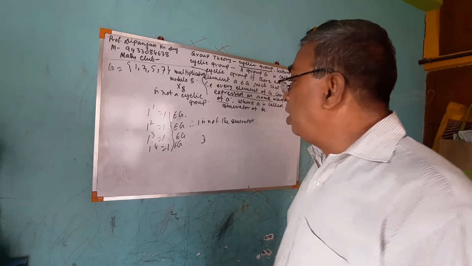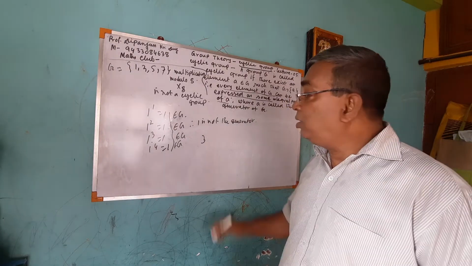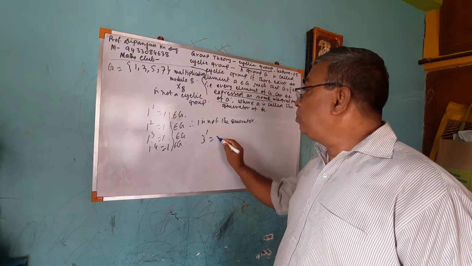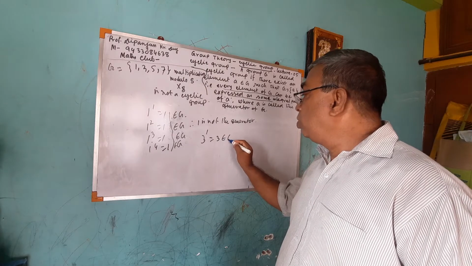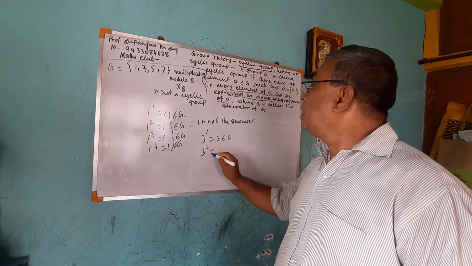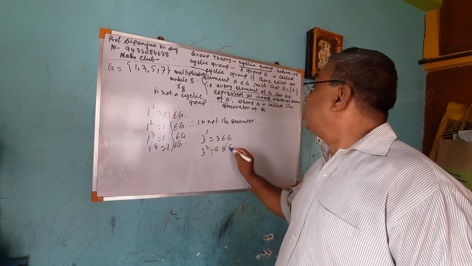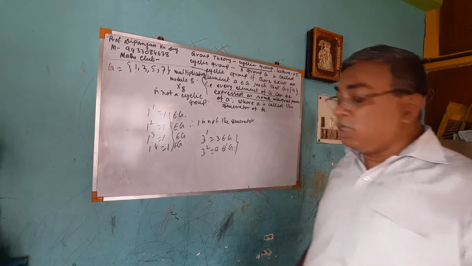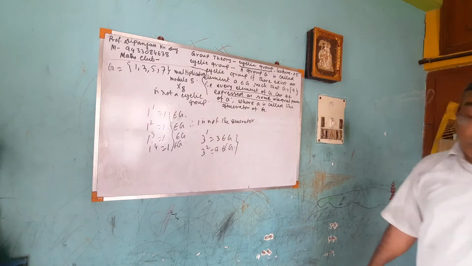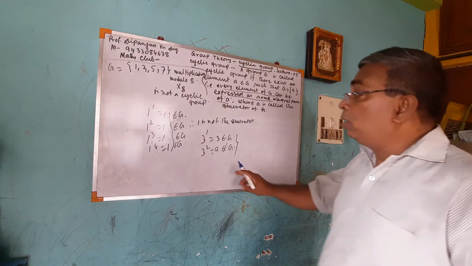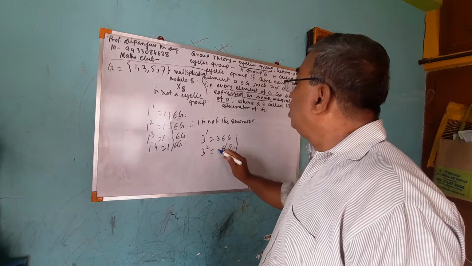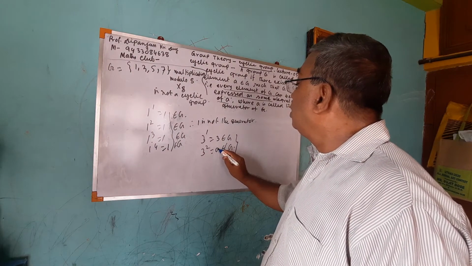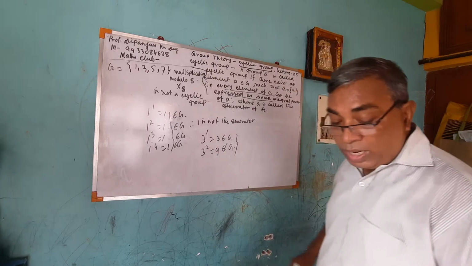Say 3. If I say 3 is the generator, then 3 to the power 1 is 3, which belongs to G. 3 to the power 2 comes 9.